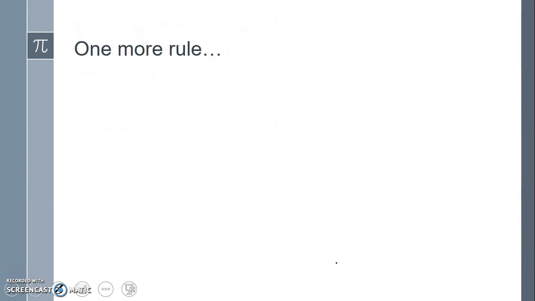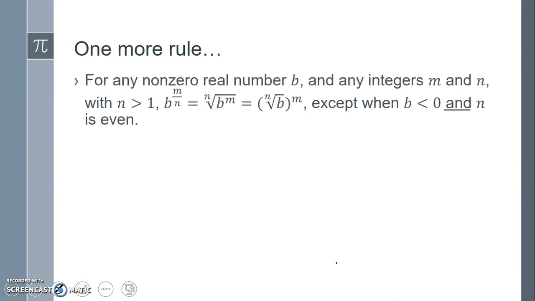One more rule, one more fancy rule in math words. For any non-zero real number b, and for any integers m and n, with n greater than 1, b to the m over n equals the nth root of b raised to the m, which equals the nth root of b to the m. Basically, we can take that m and either have it on the inside of the root or on the outside. It doesn't matter what we do first.